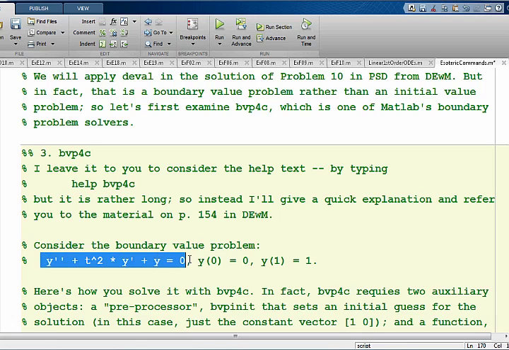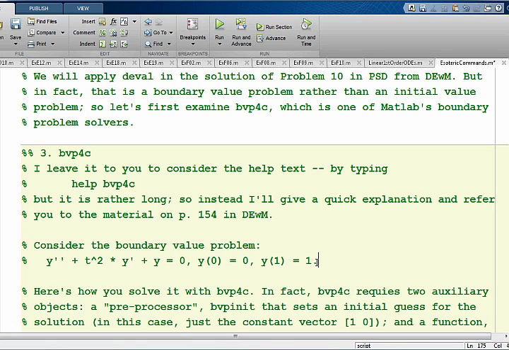So here's our differential equation. It's a second order linear non-constant coefficient equation, y double prime plus t squared y prime plus y is 0. But instead of being given the value of y and its derivative at a point, say 0, we're given the value of y at two distinct points, 0 and 1. What we've usually called a boundary value problem.